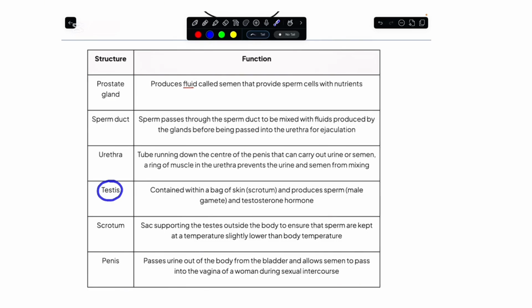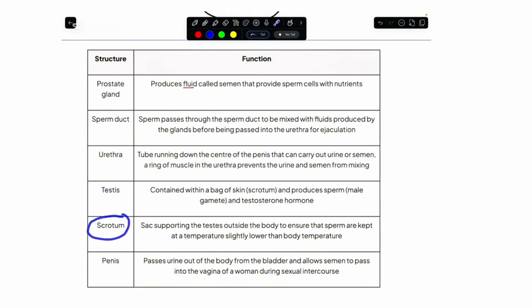Here we have these testes, which are the male gonads, and as I have shown above, they are available within a bag of skin referred to as the scrotum. These testes not only produce the sperm, but also release the testosterone hormone, and that develops the male secondary characteristics.